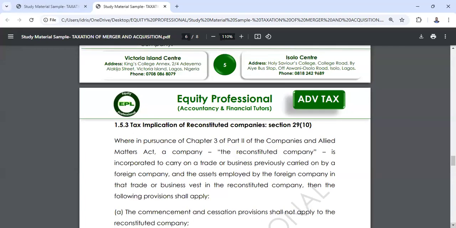The company still continues business, but they just have changes in ownership structure, especially when a company owned by a foreign investor is disposed to a local investor.